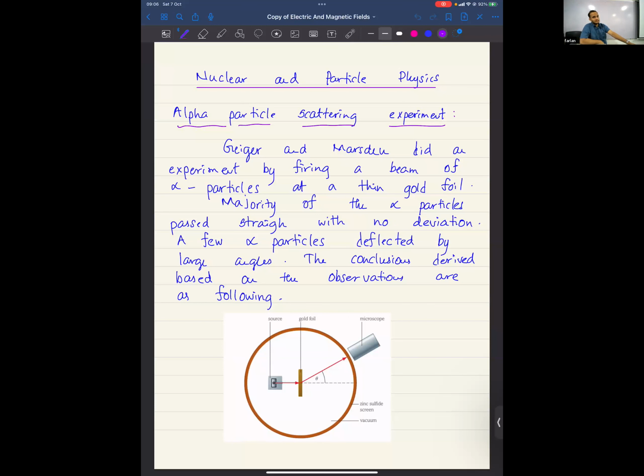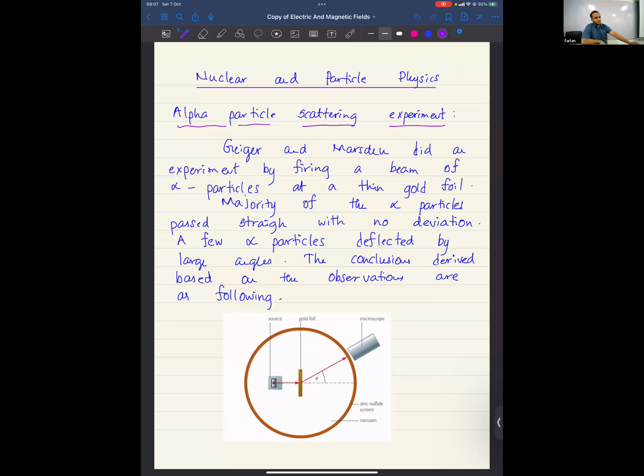So at the initial stage, when there was no idea about what components are in an atom, experiments were carried out to see the structure of an atom. One of the famous experiments we learn is the alpha particle scattering experiment.